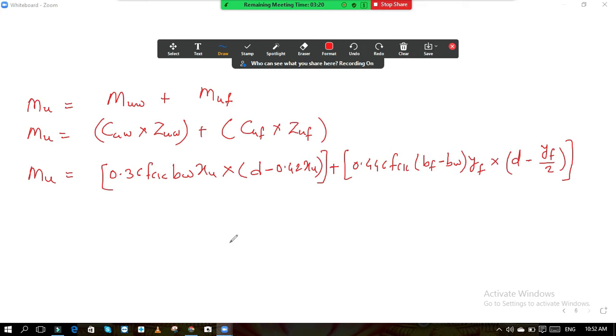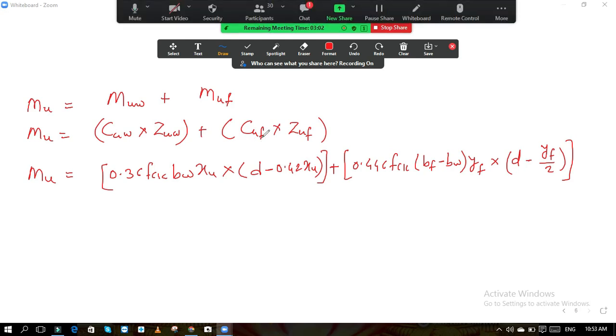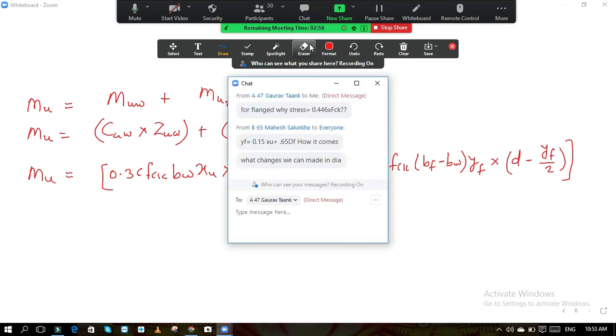It is a very small formula. Already I have told you the concept behind all the big formulas: how Cuw comes, what is Zuw, what is Cuf, what is Zuf. If you understand these, there is no need to learn them by heart. But you have to remember this formula for yf.